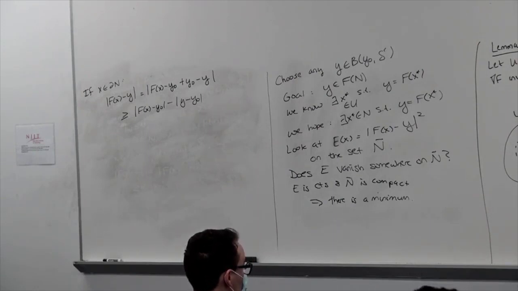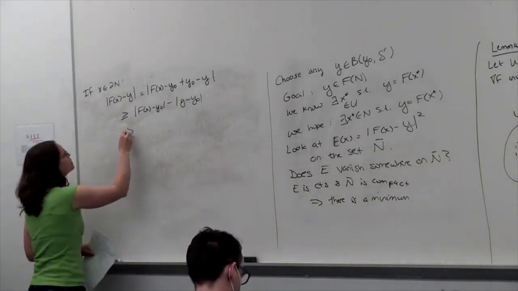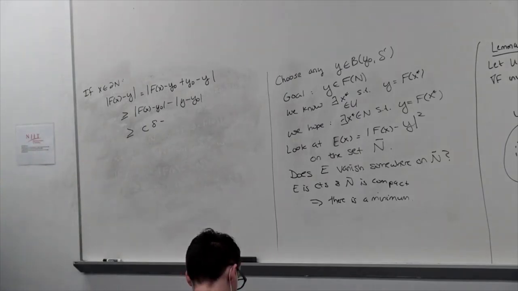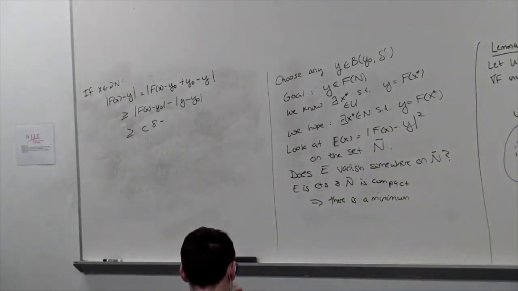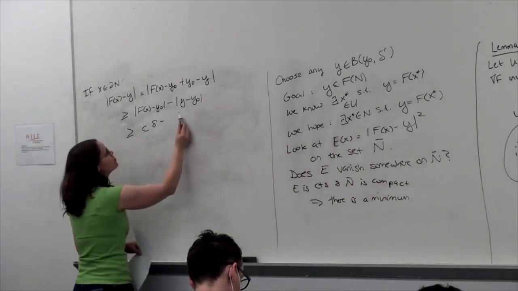Okay, so f of x minus y naught, this is why I'm comparing to y naught, because all the estimates I had before were comparing to y naught. F of x minus y naught is pretty big. It's at least c delta. What about y? Well, y is living inside this little ball that I drew here, ball of radius delta prime. So y minus y naught, this distance is less than delta prime.